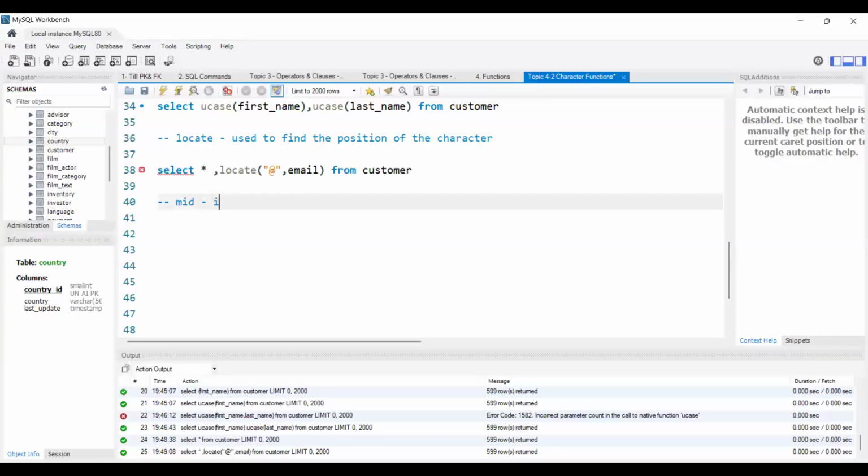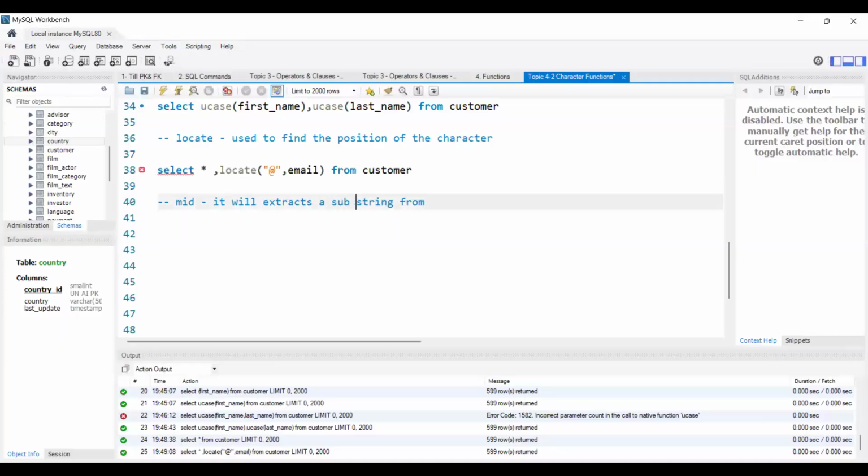Basically, whenever we use the mid function, it will extract a substring from the string.